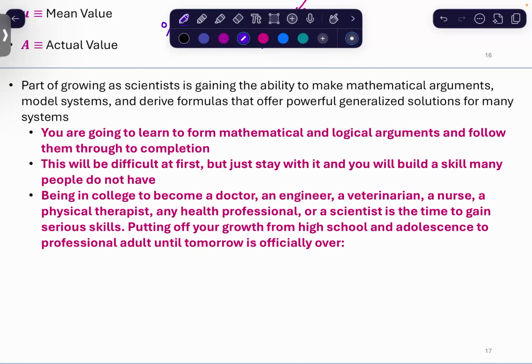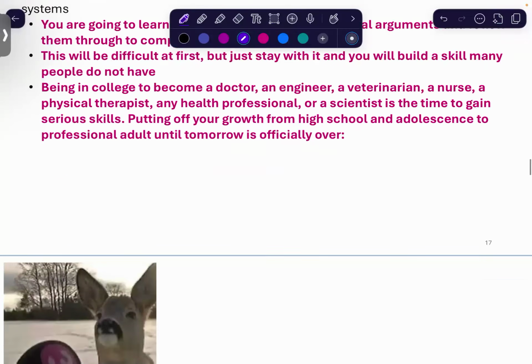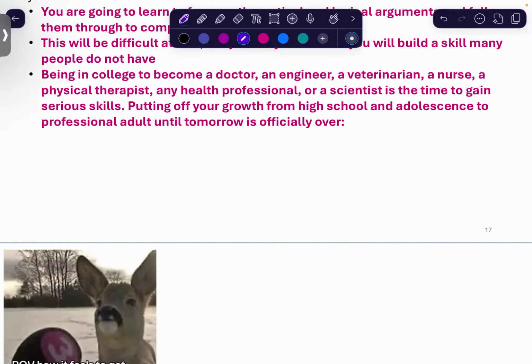Okay, so if we start with our general formula for percent error. So remember, and I'm going to leave off the times 100 for the moment because you can add that back in at the end.